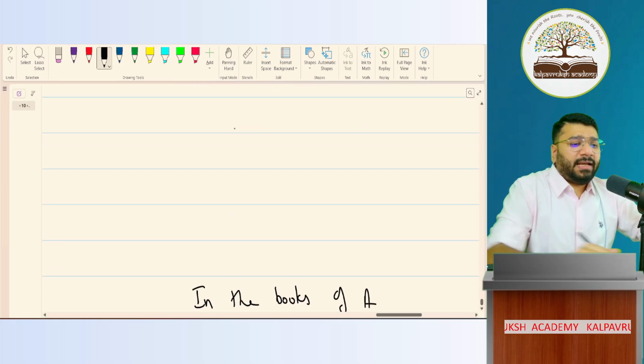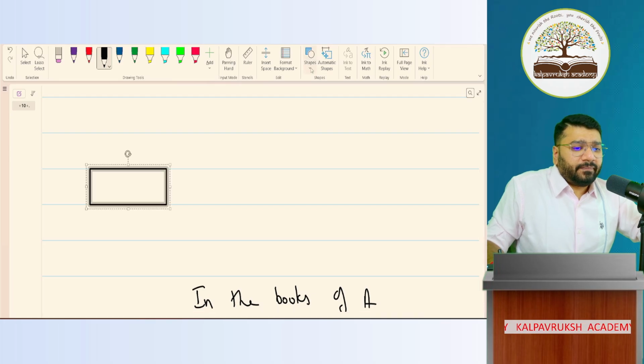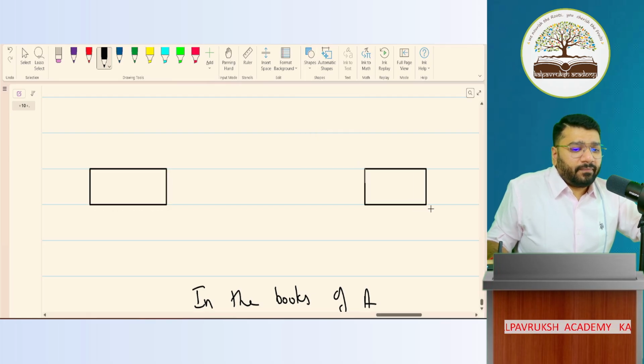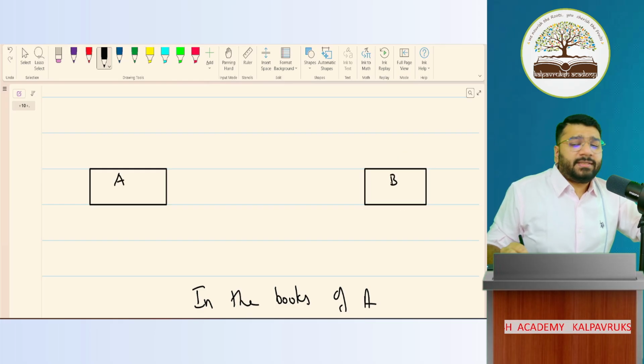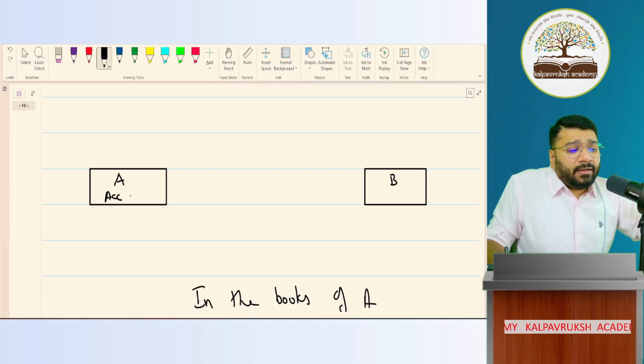Chalo, for safer side, I'll draw the diagram. Not required, but still. A, B. Who is A? Say seller. Accommodated party. Who's B?